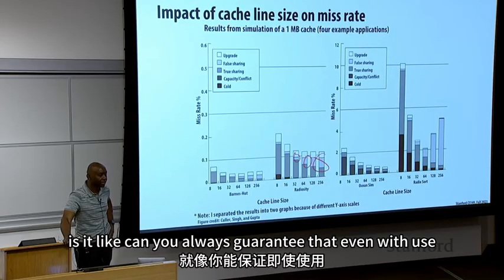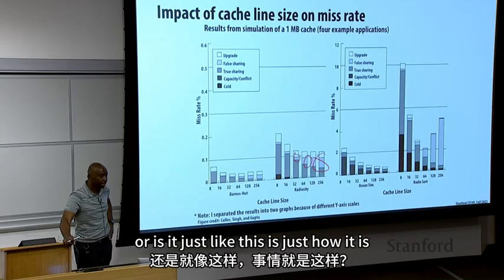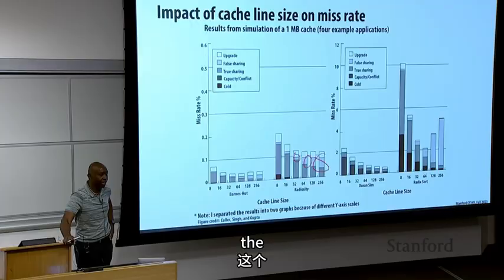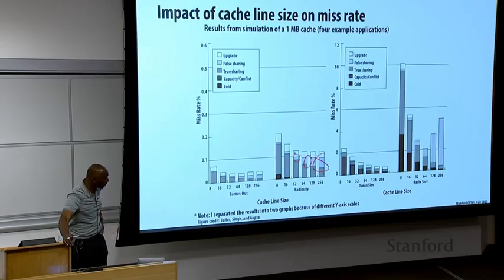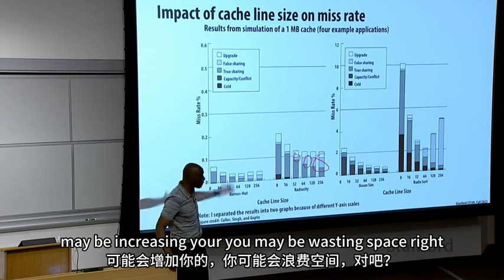Can you always guarantee that you can reduce the false sharing to a large degree programmatically? Or is it just how it is? Well, you can always do it programmatically if you space the data apart. But you may be wasting space.